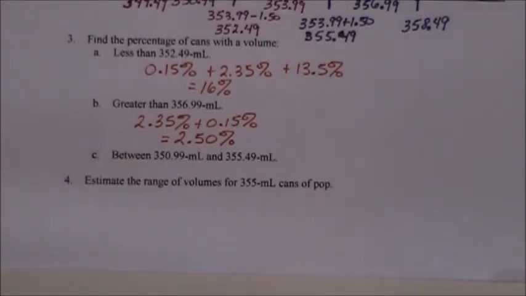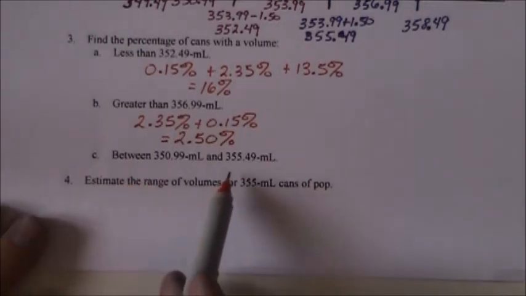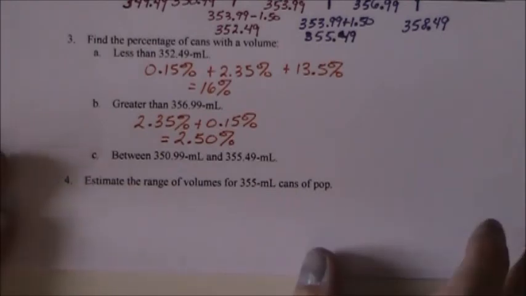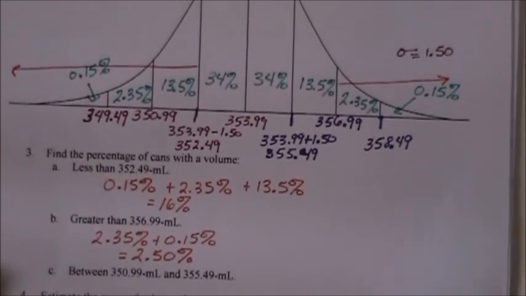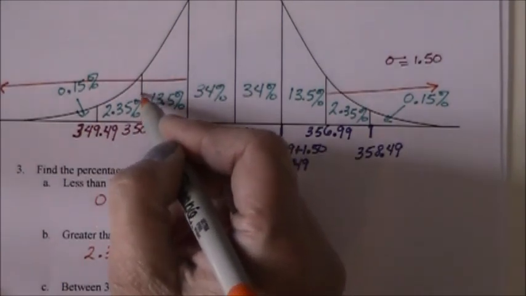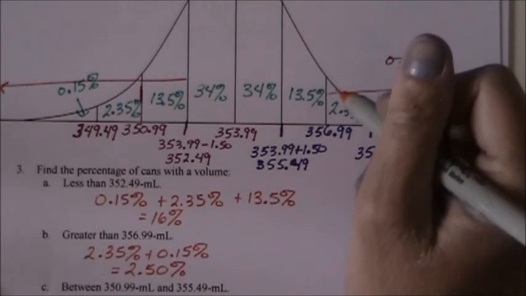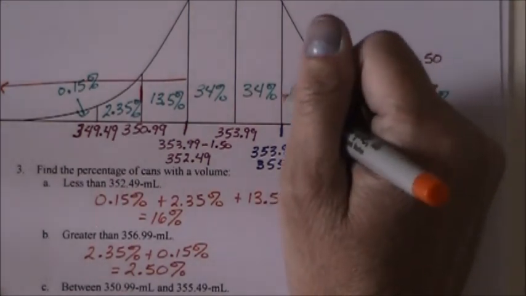C asks us to determine the volume between 350.99 and 355.49. So let's find the 350.99 and the 355.49 on our bell curve. When we go to do that, here's our 350.99. Here is our 355.49.